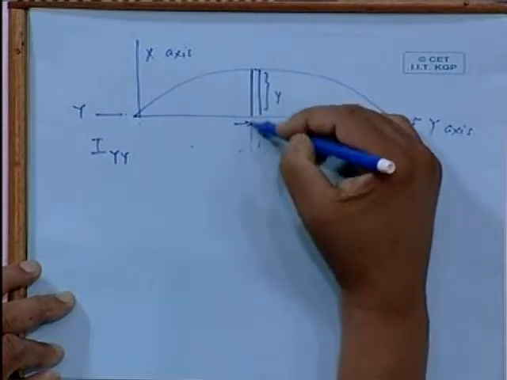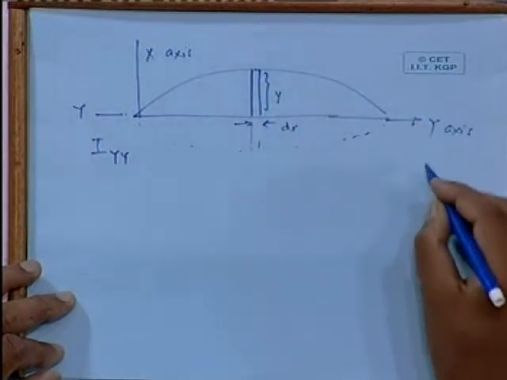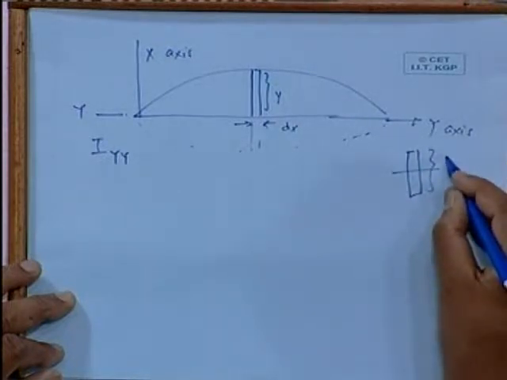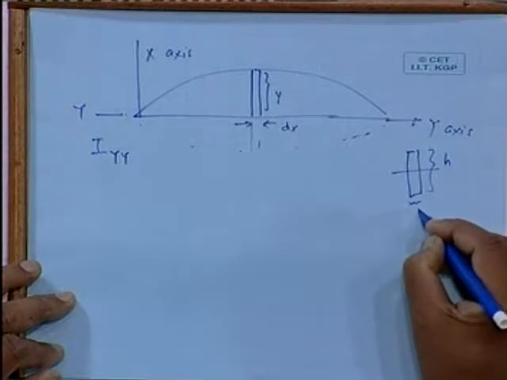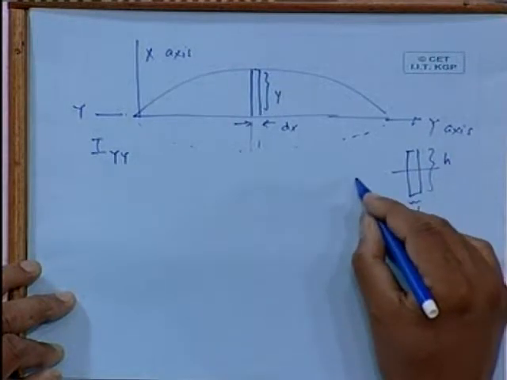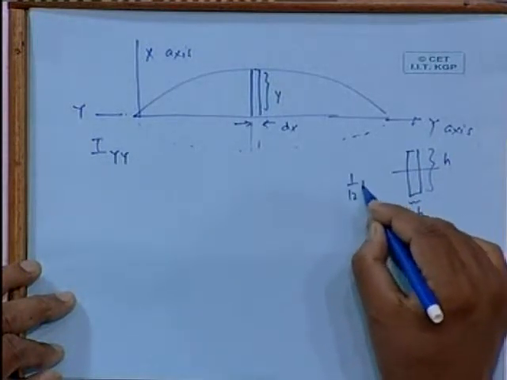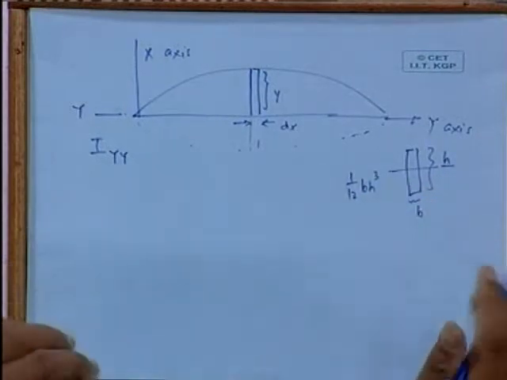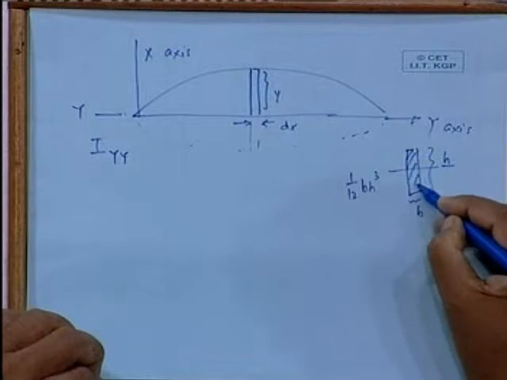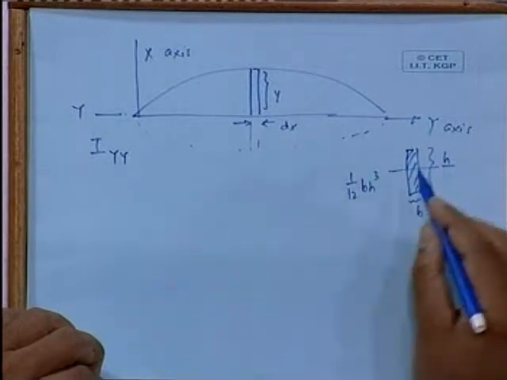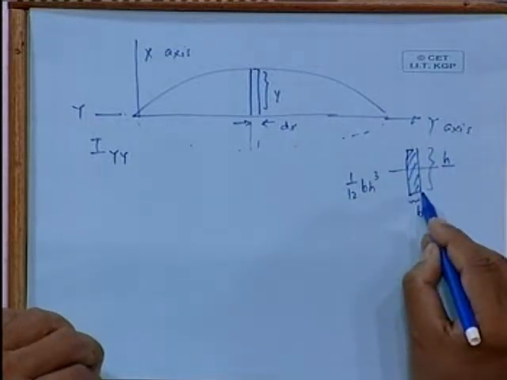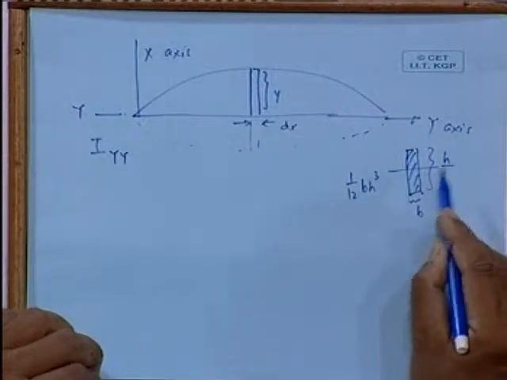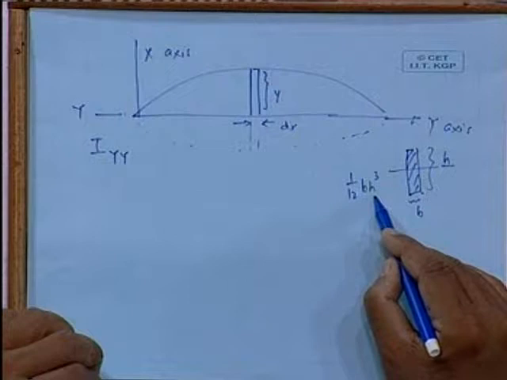So if you take a strip like that, there is a theory that if you take a body of height h and breadth b, its moment of inertia is given by 1 by 12 of b h cube about the axis. See, if there is a rectangle of height h and width b, then about the center line the formula for moment of inertia is 1 by 12 b h cube.